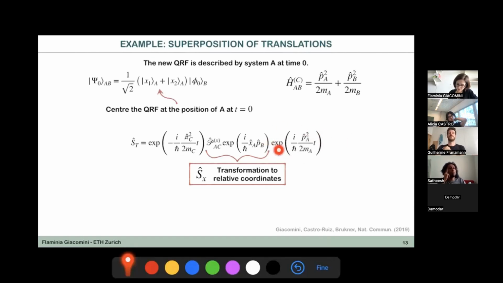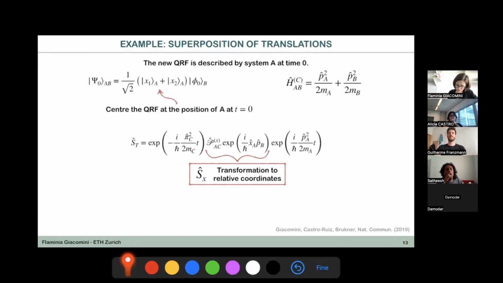This term evolves the quantum state of A back to time 0. Here, I change to relative coordinates when A is at time 0. So I compare B at time t, I refer all the position of B at time t to the position of A at time 0. And then I re-evolve it forward with the new Hamiltonian.